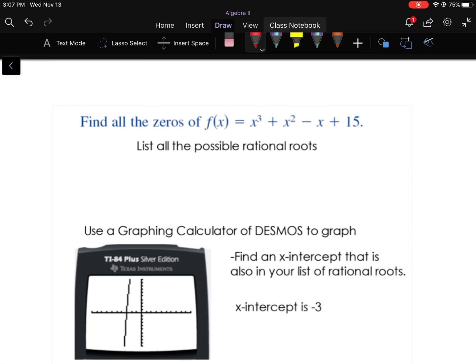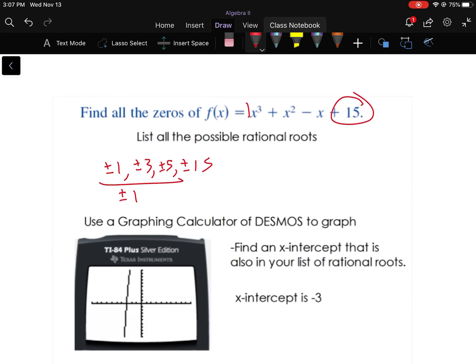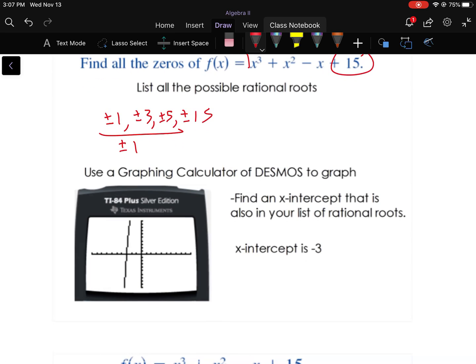I'm going to list my possible rational roots. So it's the factors of 15 over the factors of 1. So plus or minus 1, and plus or minus 3, plus or minus 5. Okay, I'm going to give you a graphing calculator, or you're going to go onto Desmos and type in that function.